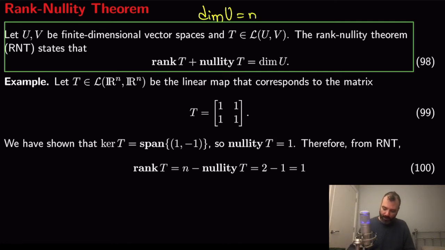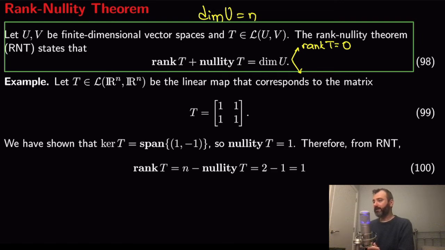To make our lives a little easier, let's call the dimension of U, let's give it a name. Let's call it N. I can tell from this equation, equation 89, that I have two special cases. The first special case is if the rank of T is equal to 0.